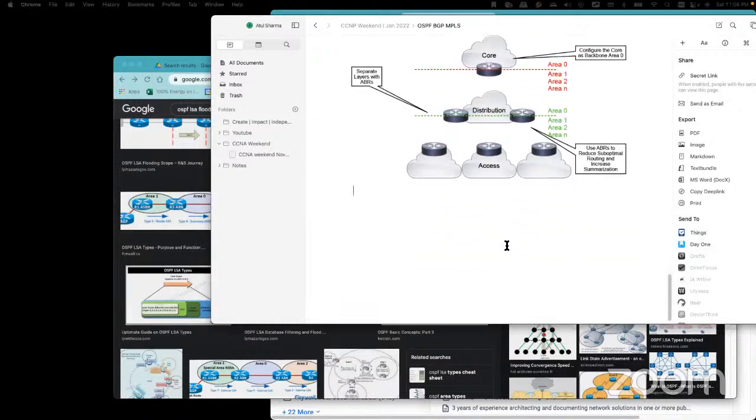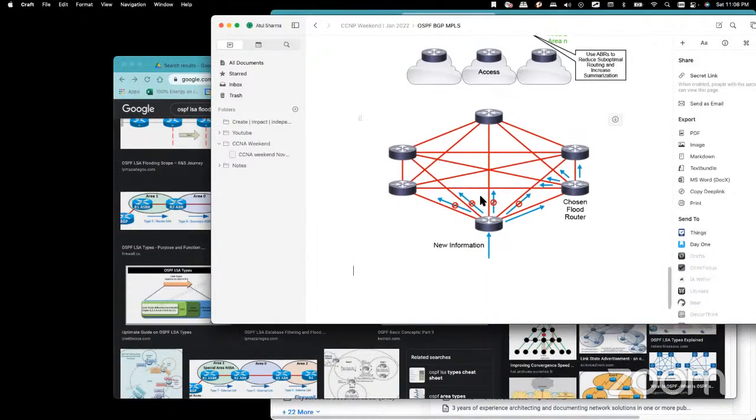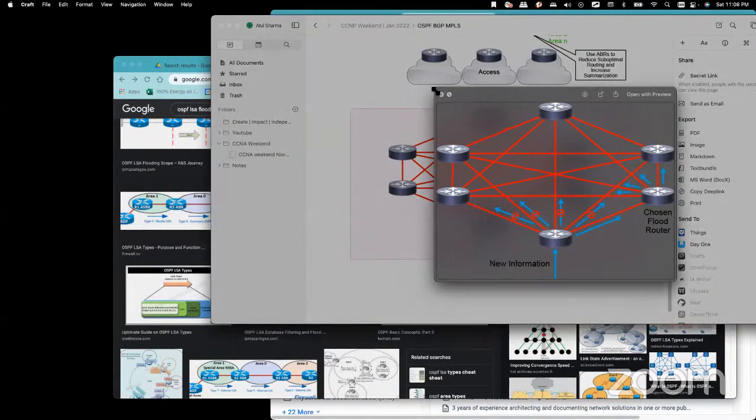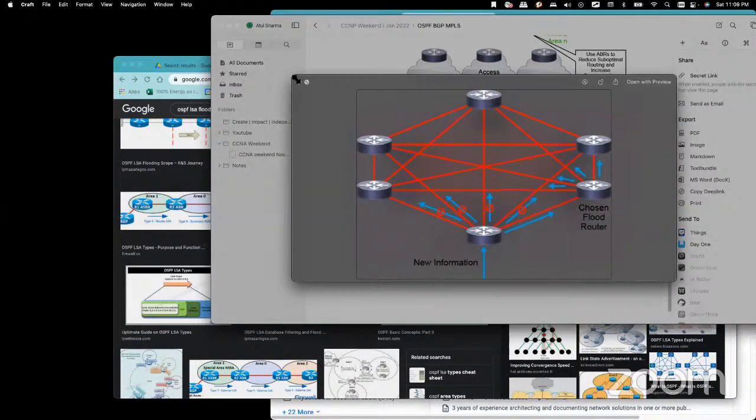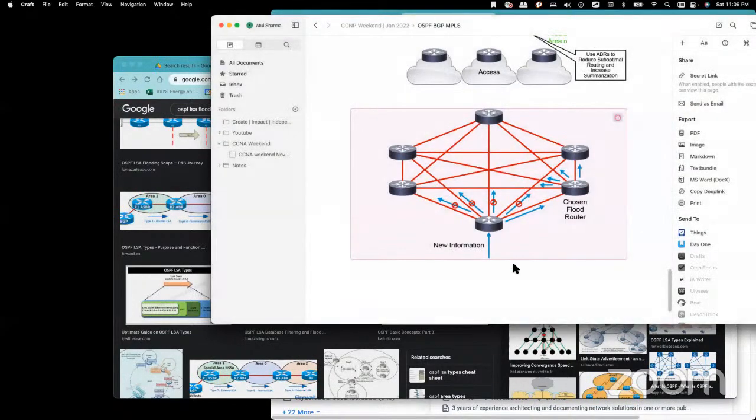So I was trying to explain you this thing which is called LSA flooding, right? So normally क्या होता है? So whenever you design OSPF, whenever a new information comes, the router will flood that information to all the routers. Yes, sir. Right? So the full mesh, ये क्या है ये? This is a full mesh topology.